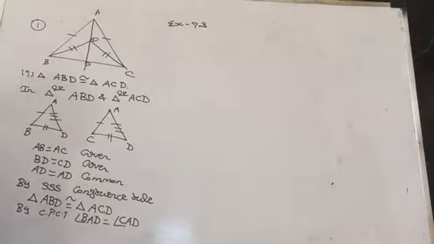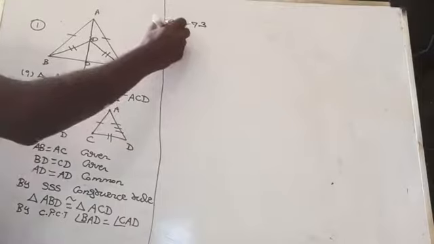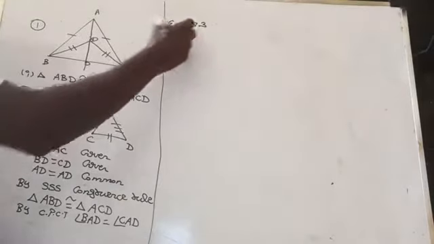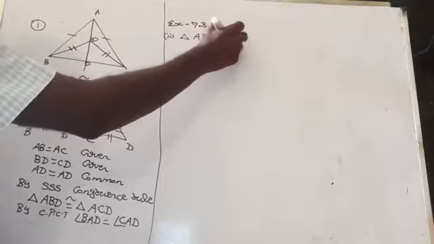Now look at the second part. What you have to prove in the second part is that triangle ABP is congruent to triangle ACP.